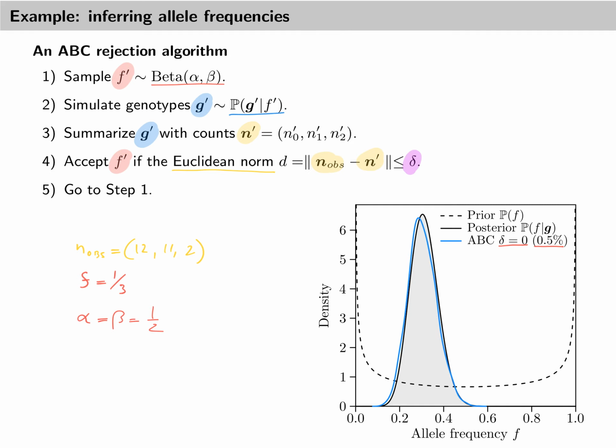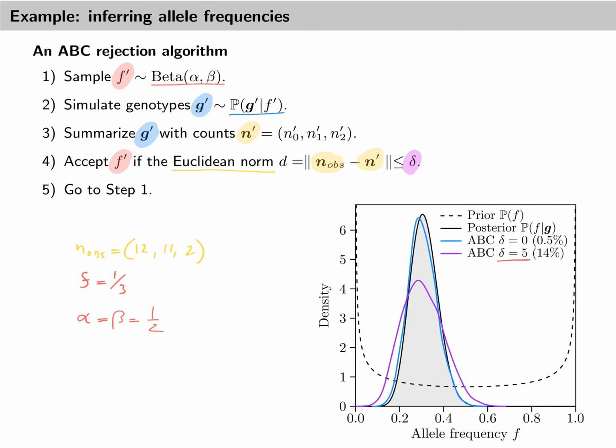Let's next see how ABC posteriors look if we actually use a delta larger than 0. That is, we also accept simulations that result in summary statistics that don't exactly match those observed, but are just close to it. Shown here as a purple line is an ABC posterior obtained by setting delta to 5.